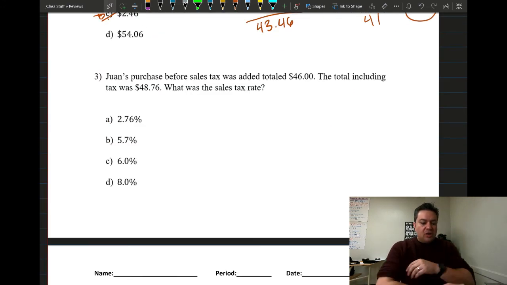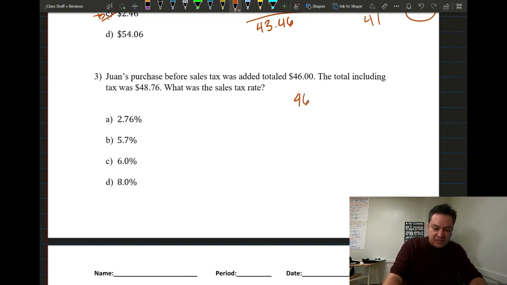Number 3. Juan's purchases before tax was added total $46. The total including the tax was $48.76. What was the tax rate? So before the taxes were added, the $46.00, see, this is what I was telling you.